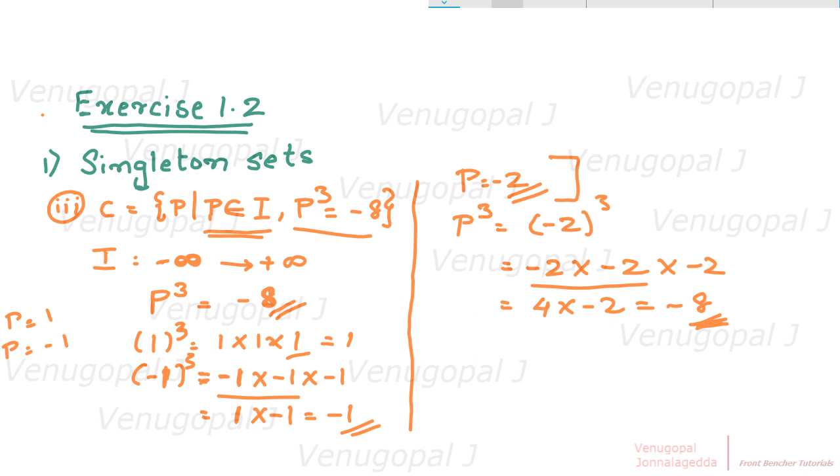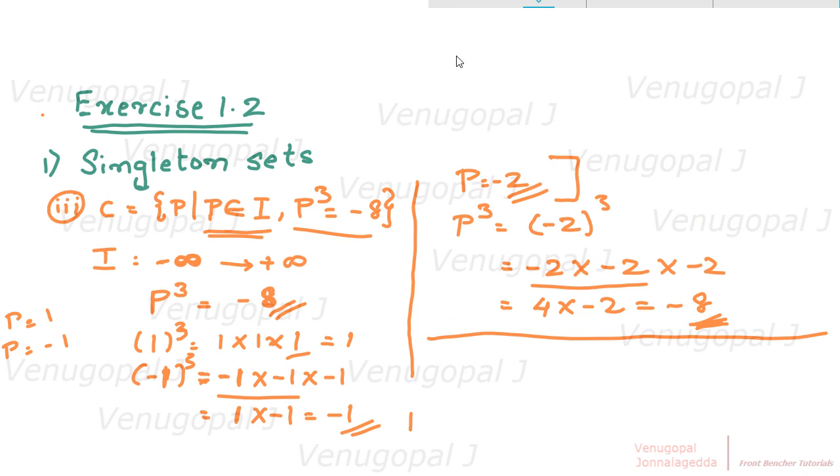Another way is basically a shortcut to all this, or rather not a shortcut, it also teaches you the fundamentals of roots.